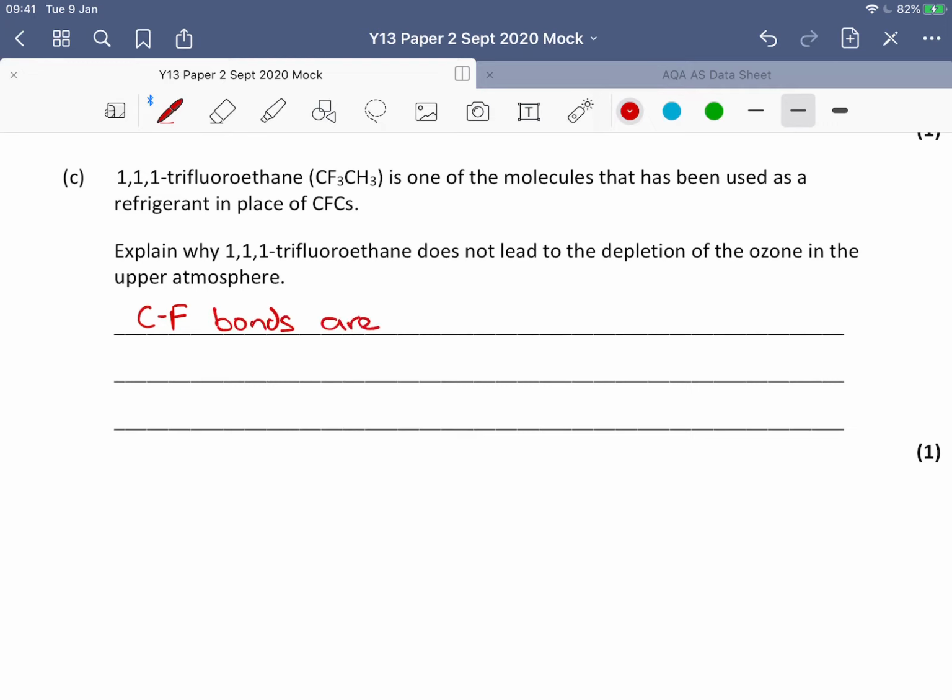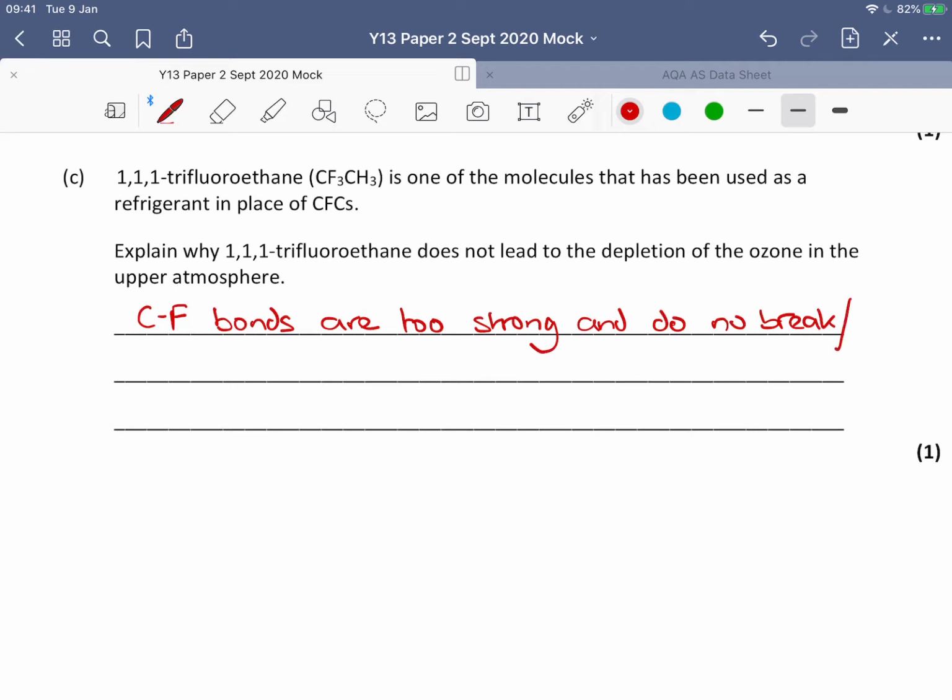So they don't break. In the case of forming these radicals, it's about UV light, which is essentially a transfer of energy. UV light provides enough energy to break carbon-chlorine bonds and carbon-bromine bonds, but it doesn't provide enough energy to break carbon-fluorine bonds, as they're too strong. So that would be enough, but I'm going to put 'do not break' for you.